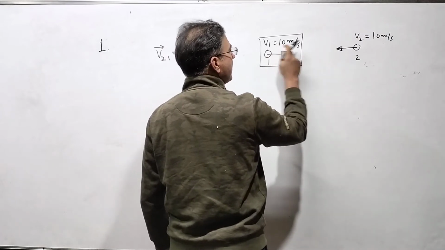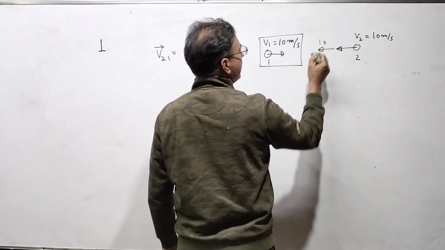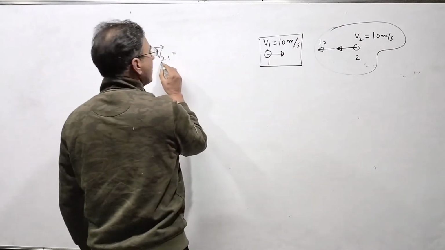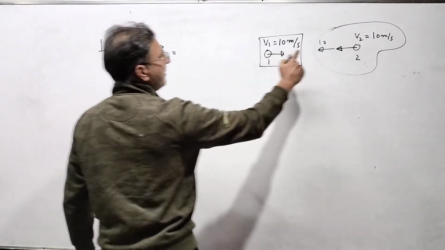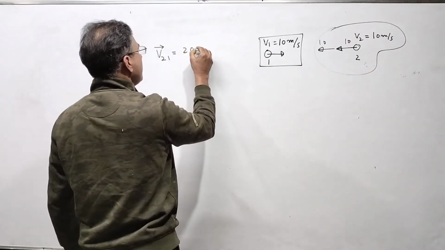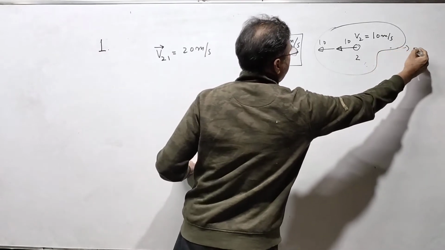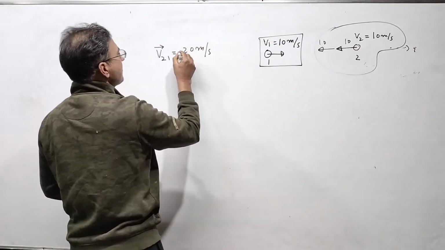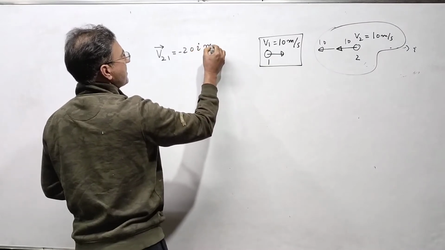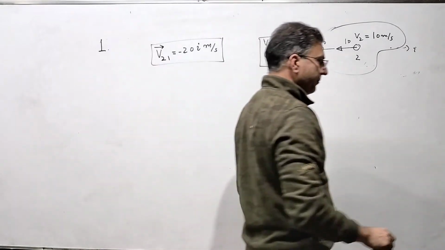So he gives this 10 to this object, opposite to this 10. Then he finds the total velocity here. So the velocity of 2 with respect to first is 10 plus this 10, that is 20 meters per second. In which direction? If this is called the i direction, this is opposite to i, that is minus 20i meters per second. That is all. Easily done.